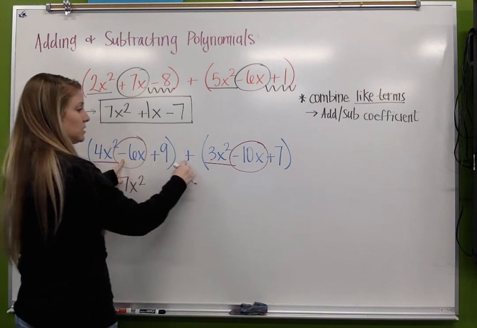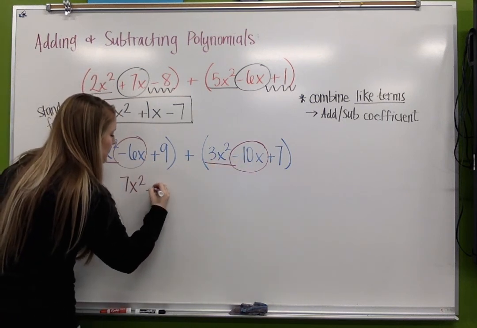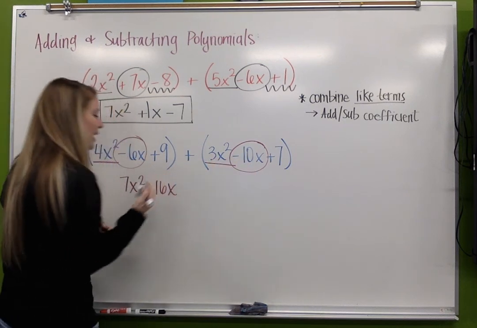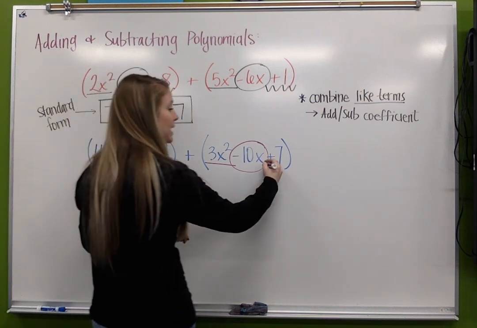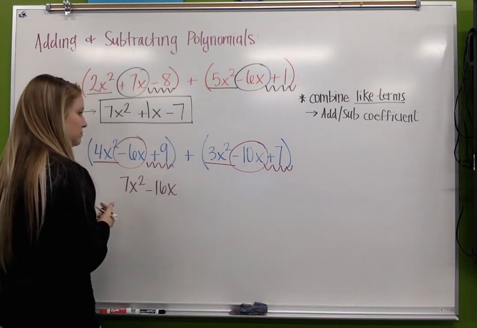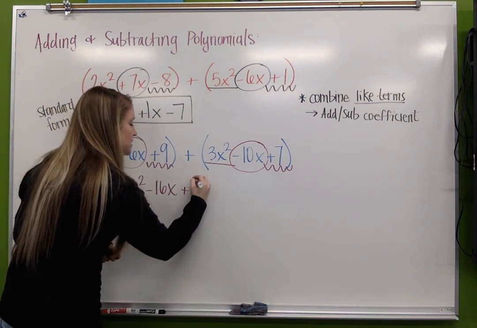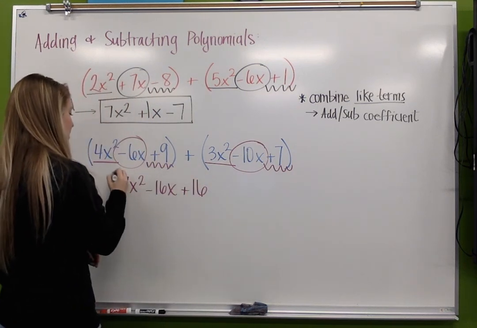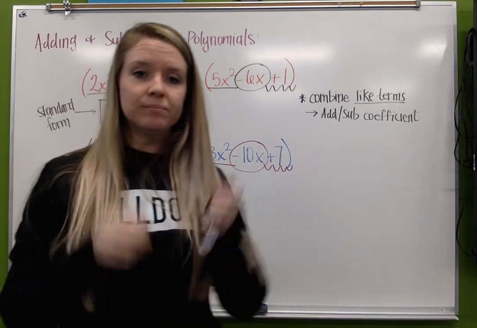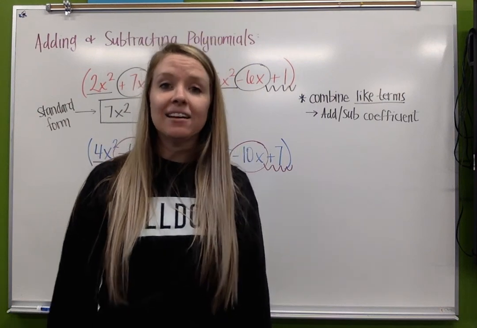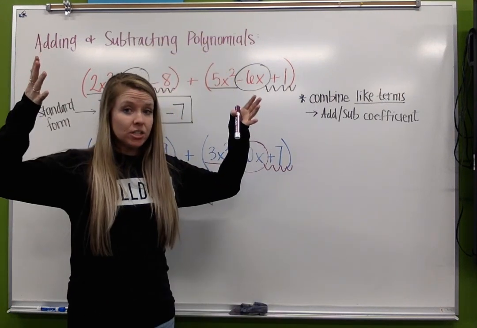So negative 6 plus negative 10, that's negative 16x. And then my constants, I have a 9 plus 7, which is a positive 16, and there is my sum.